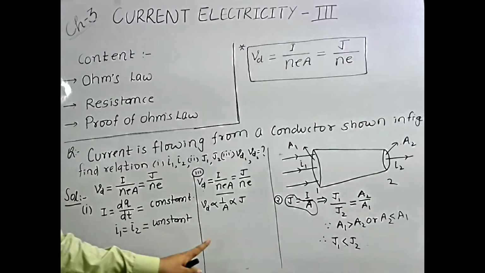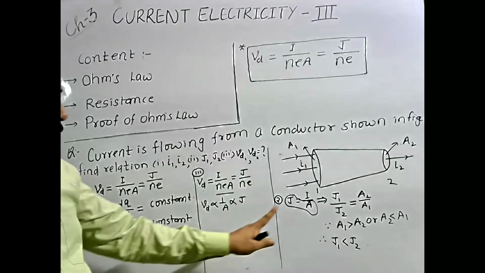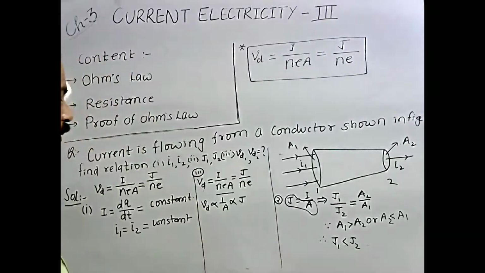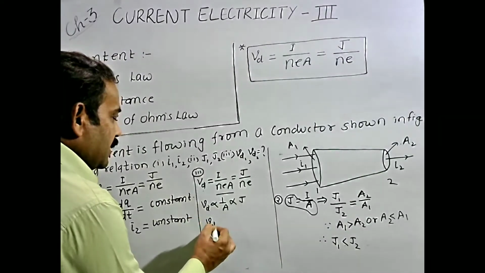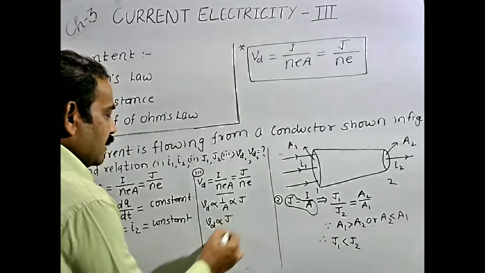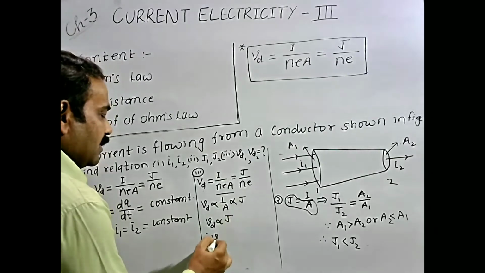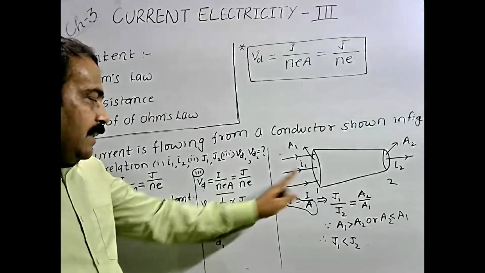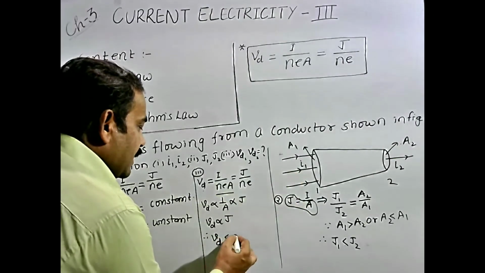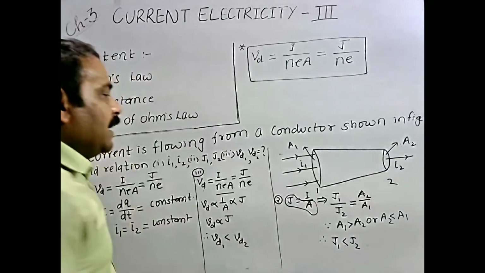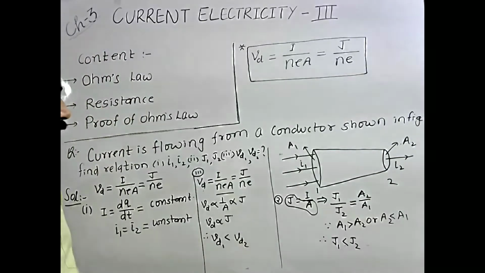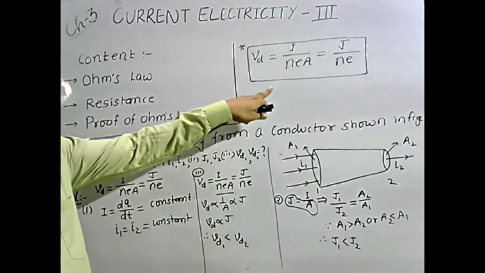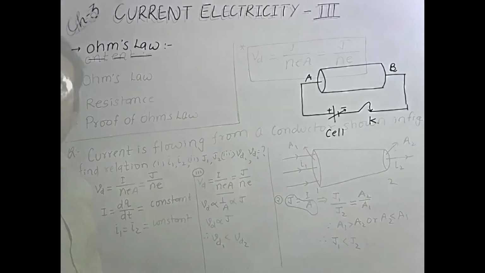So it is clear from the second relation, J1 is less than J2. So VD here is directly proportional to J. So drift velocity at section A1 is less than drift velocity of section A2. So this is our question based on previous lectures. I hope all of you understand.